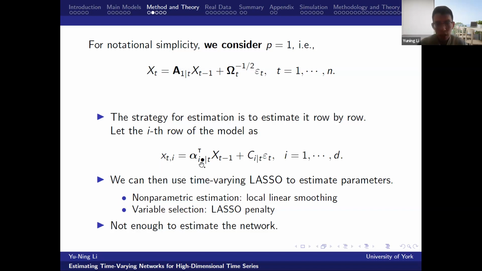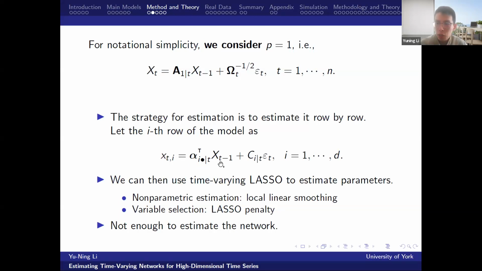This is just a regression equation, but note that we have a lot of variables here, even larger than the number of observations. And also the parameter here will change over time.